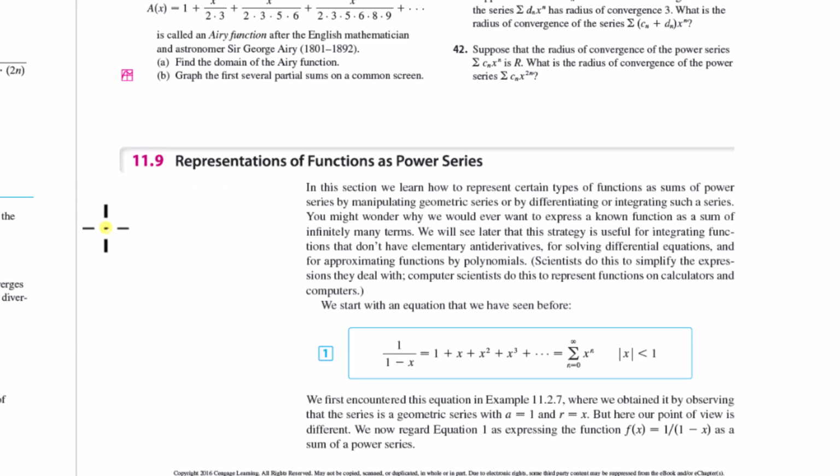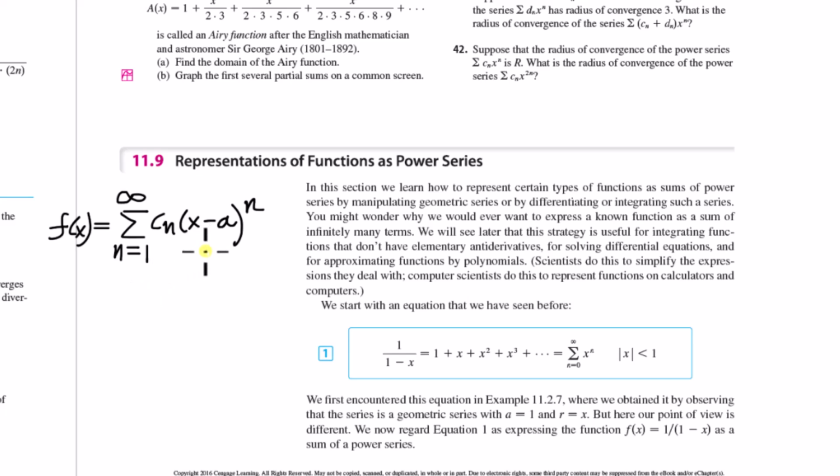Now, from the perspective of a power series, which is strictly what we're working with for the rest of this chapter, so we've got f of x is equal to the sum, from the perspective of the power series, the form of a power series is very close to a geometric series.